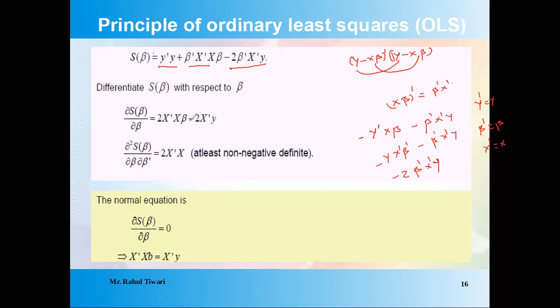Now you can see I have replaced beta by b here, and based on this b, one can get x prime x inverse x prime y, but you cannot get this directly because you have to use the results which are there.